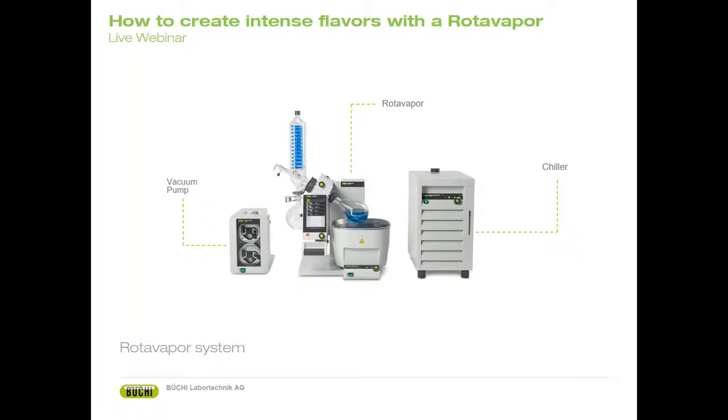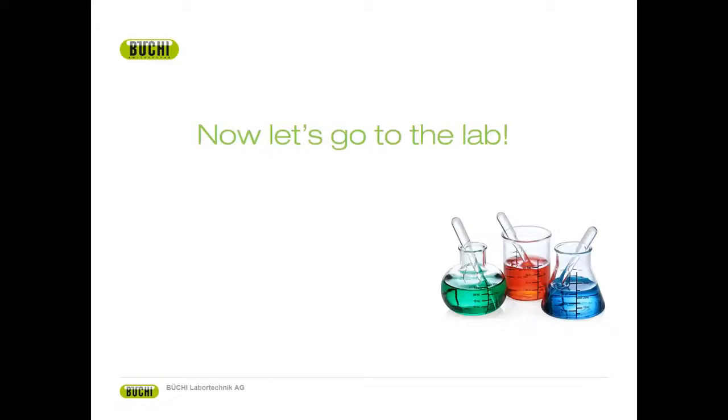You circulate ethylene glycol in the condenser, which is really good in terms of water consumption, because you won't use water anymore, and also in terms of temperature, because you will always have the same temperature. Then you have the interface here in the middle, where you can see all the parameters of your rotary evaporator. For that, let me change quickly into the video so that you can see how you can use your Vapor.